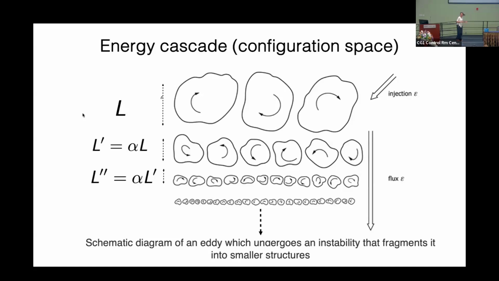And then the same process takes place so that the L prime vortices break apart, giving rise to L prime prime vortices, a fraction alpha of L prime, okay? And so on and so forth. So this process proceeds self-similarly, okay? Until you generate small enough scales so that dissipation becomes faster than this instability process of the vortices, and that's where you end your cascade.